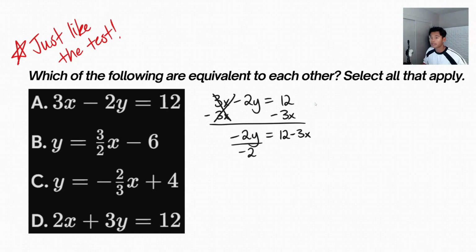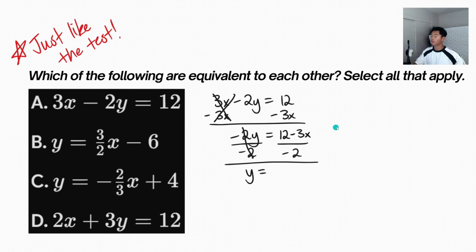And what I do to one side, I must do to the other. These obviously cancel out because -2 divided by -2 is just 1. And we're just left with 1 times y. And anything times one stays the same. So I'm just left with y equals all of this divided by -2.